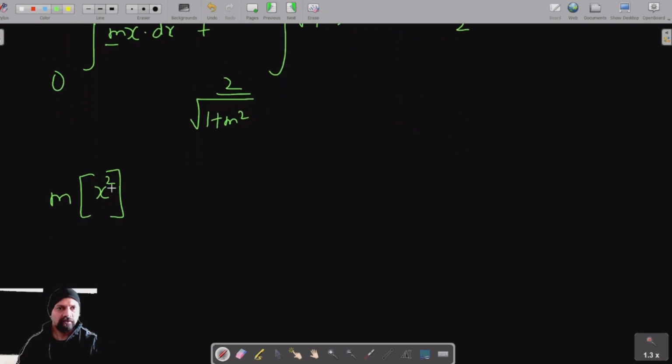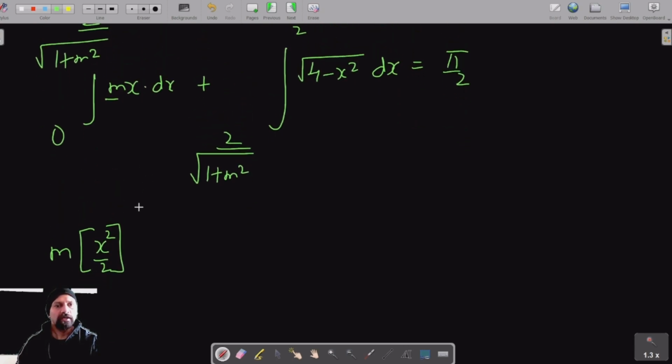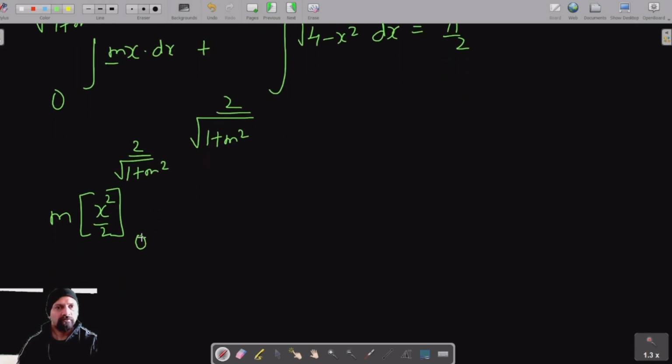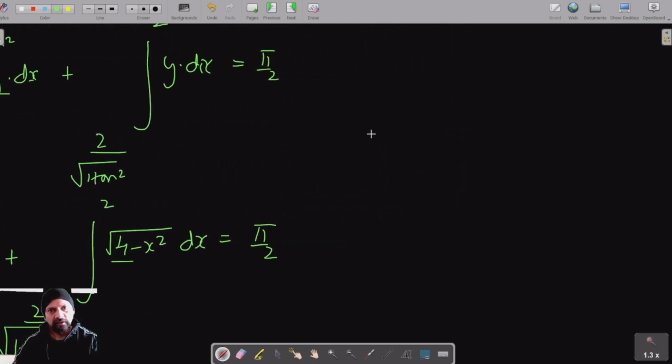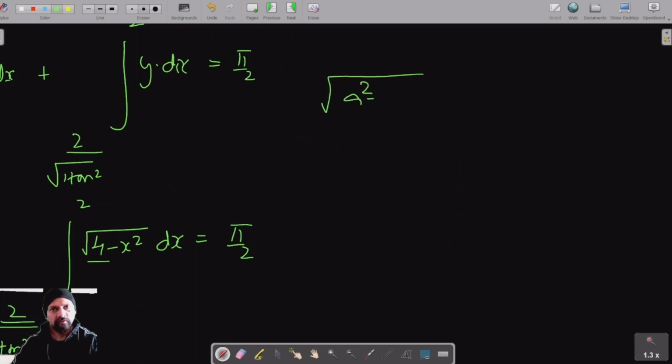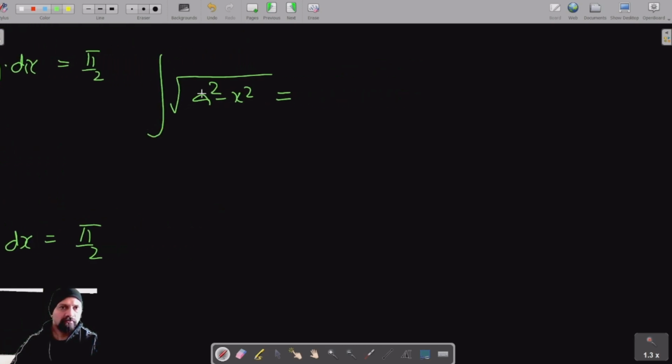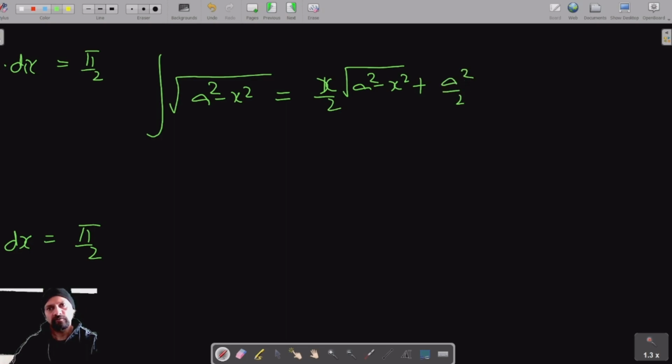So the integration of x is x square by 2, with limits 0 to 2 upon under root 1 plus m square, plus. Now this is of the form under root a square minus x square, whose integration is x by 2 under root a square minus x square plus a square by 2 sine inverse x by a plus c.